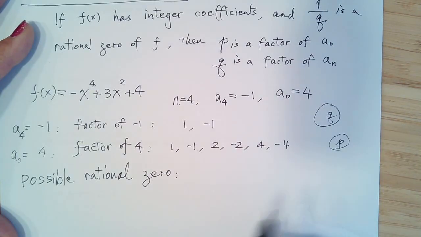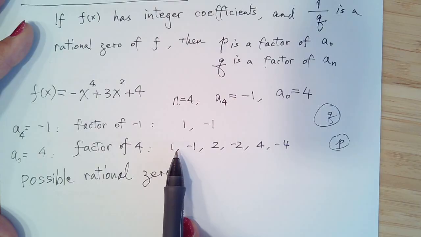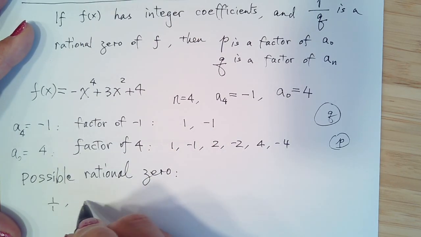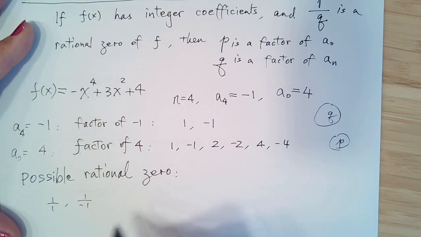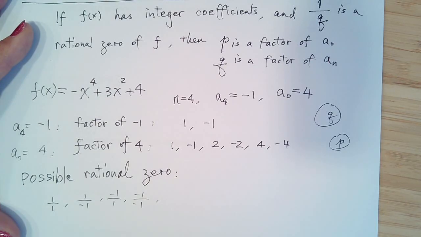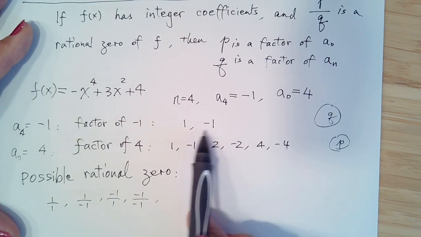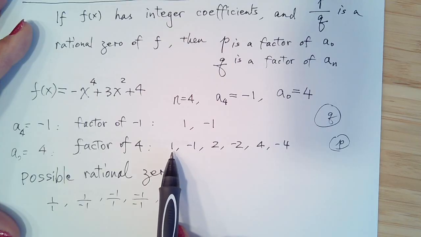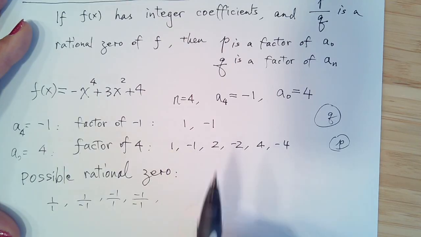Okay, so that could be 1 over 1, 1 over -1, and then of course we have -1 over 1. You see there's repeats. Seems like I don't really need to take both 1 and -1 because I already have considered a positive and negative here. So let me go ahead.